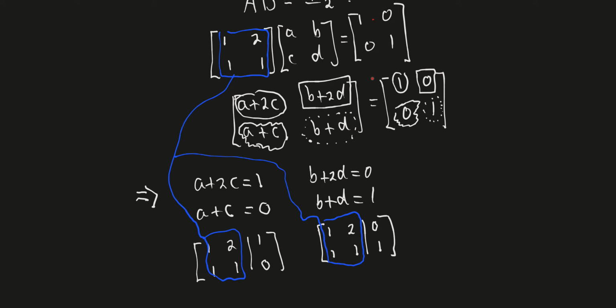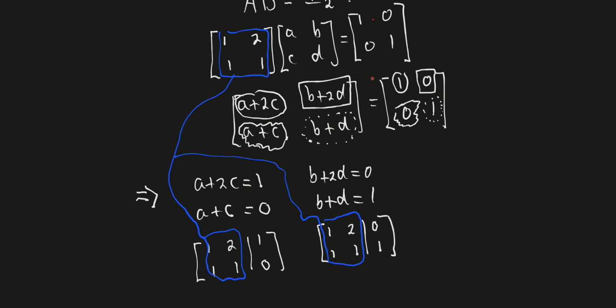And now, we want this leading term to be a positive 1. So let's multiply through by negative 1. So if I take negative 1 times row 2, let me write the new row 2 first. So we will have 0, 1, 1, negative 1. First row stays the same. So I have 1, 2, 1, 0.